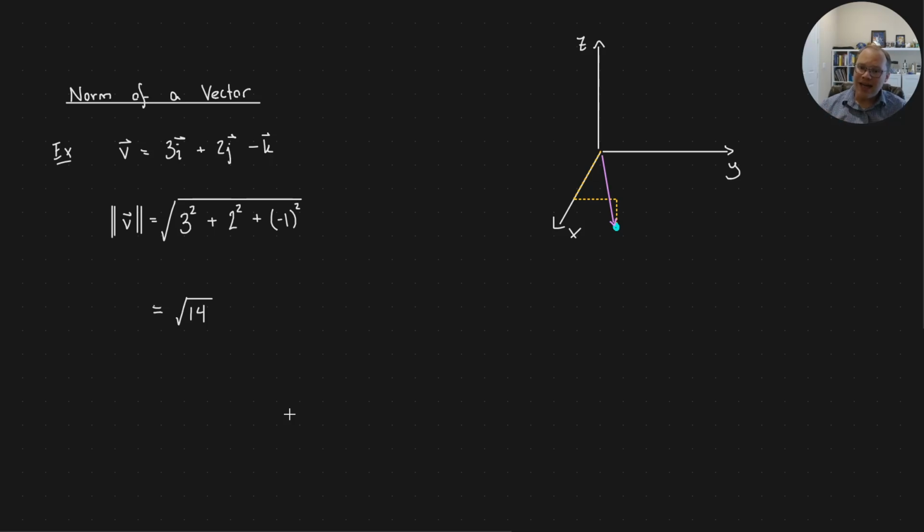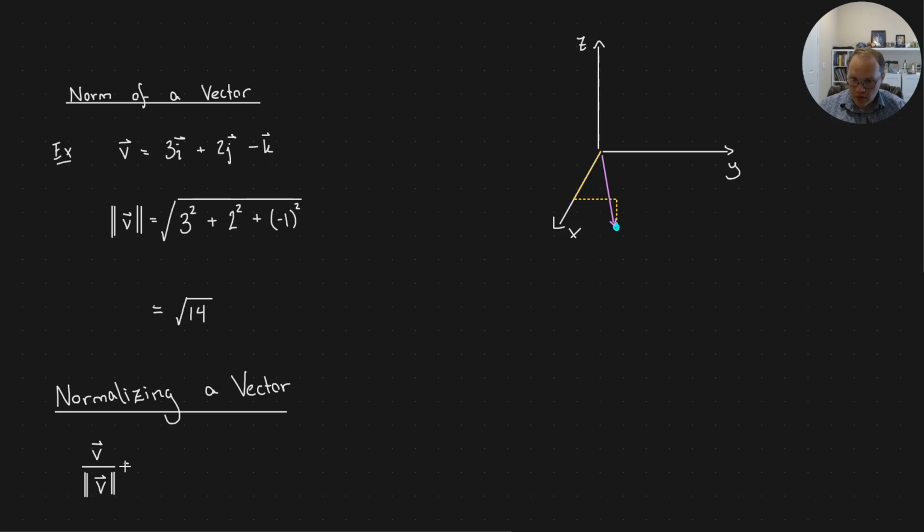Similarly, we can isolate the direction of the vector. We can focus on the direction of the vector by normalizing the vector. That turns it into a unit vector, a vector of length 1. To normalize a vector, just like in 2 dimensions, we take the vector and then we divide it by the norm of that vector.